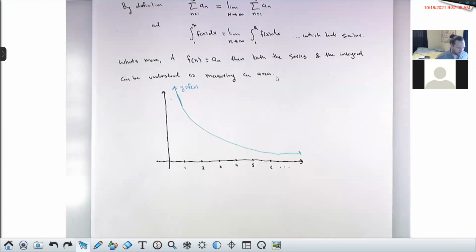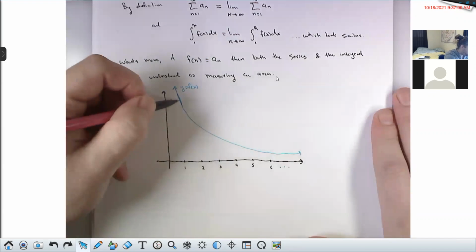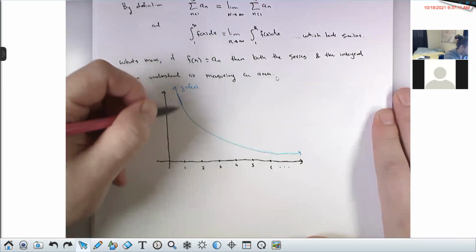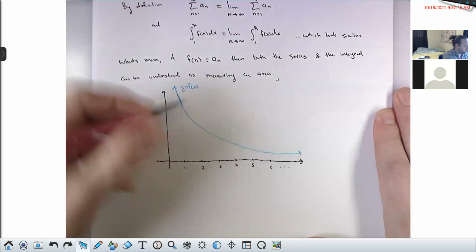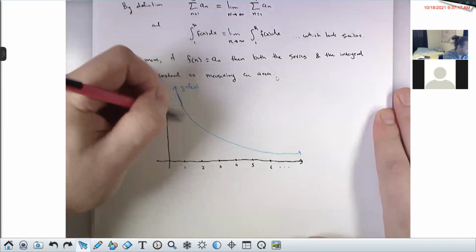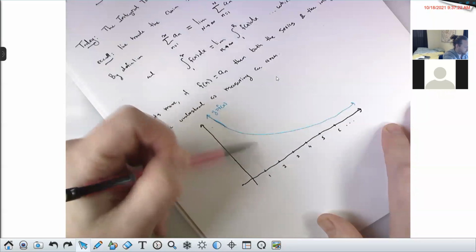You know, I know, we all know, that the integral from 1 to infinity is trying to find all of this area, right?